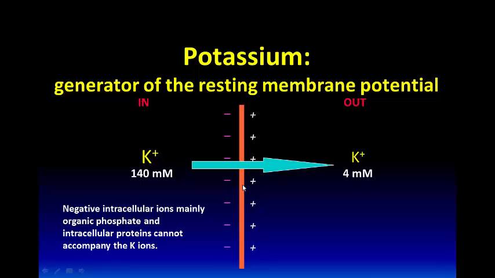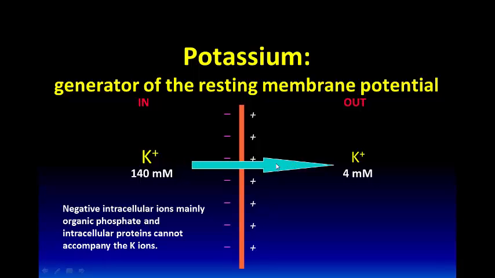So we will have a potential difference between the inner surface and the outer surface of the membrane. Potassium ions continue diffusing down their concentration gradient for some time.